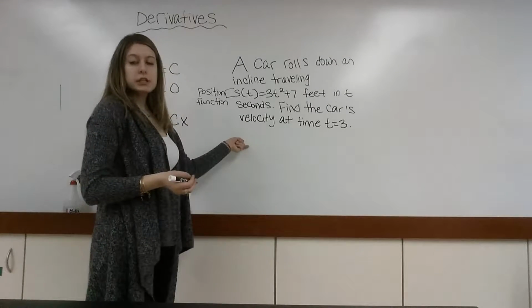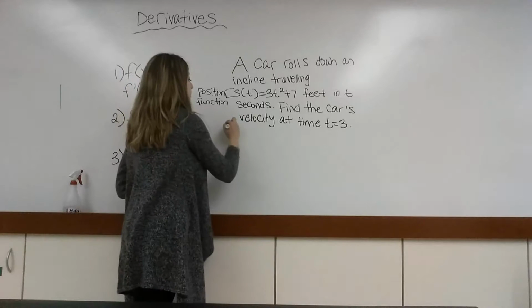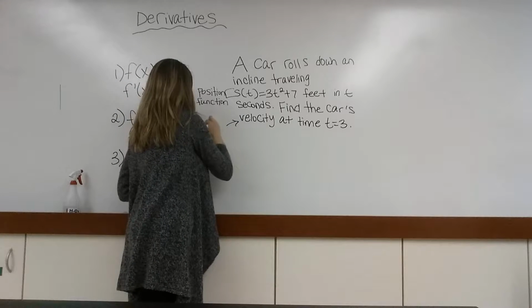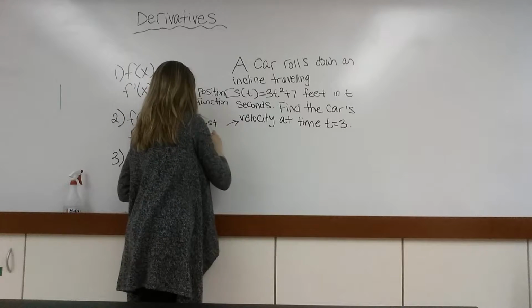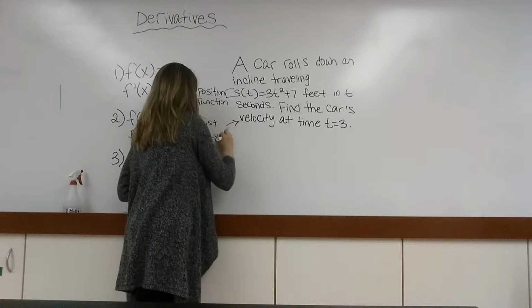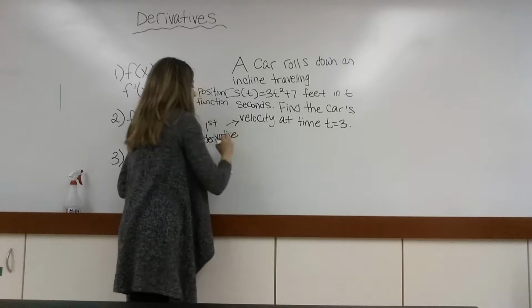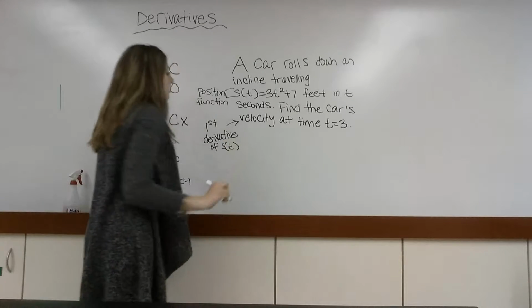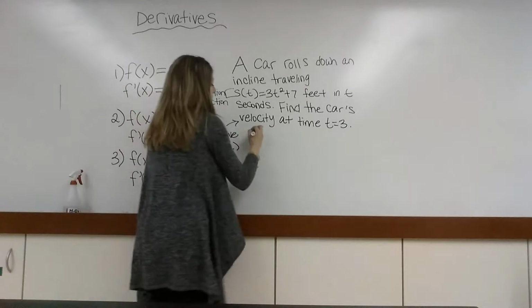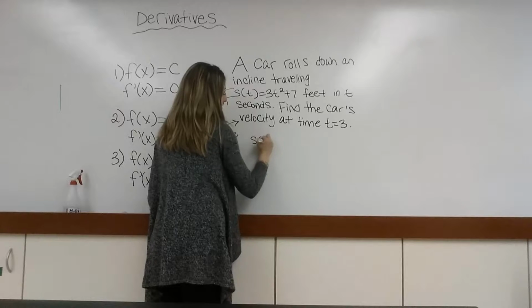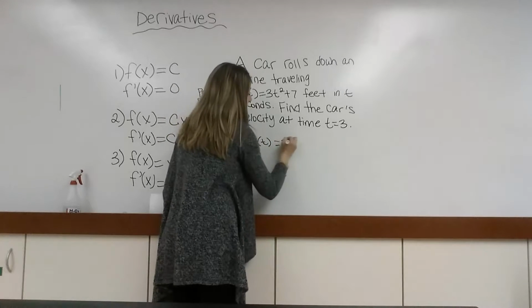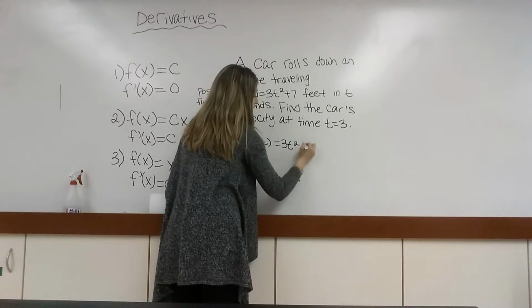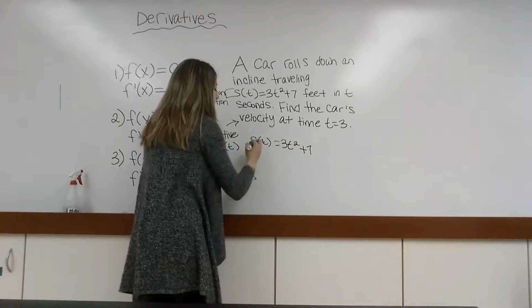So in order to find velocity, we need to find the first derivative of s of t. So s of t equals 3t squared plus 7.